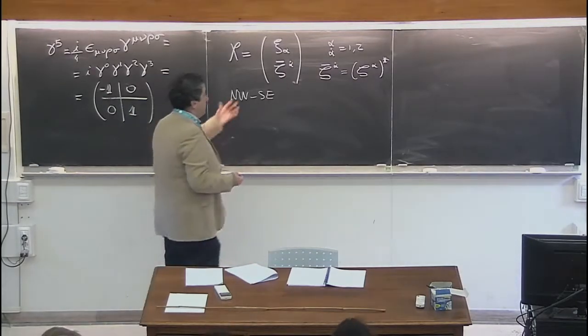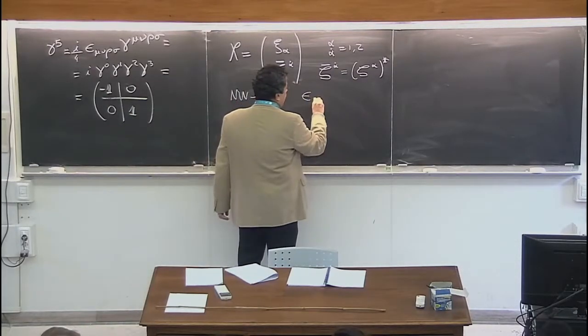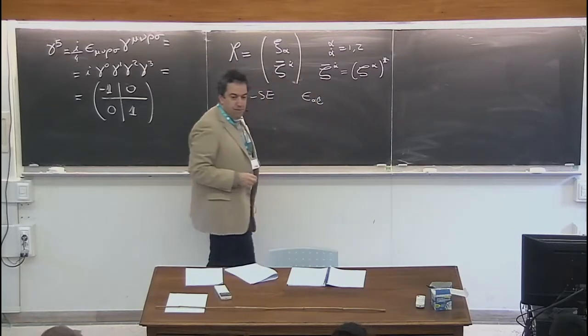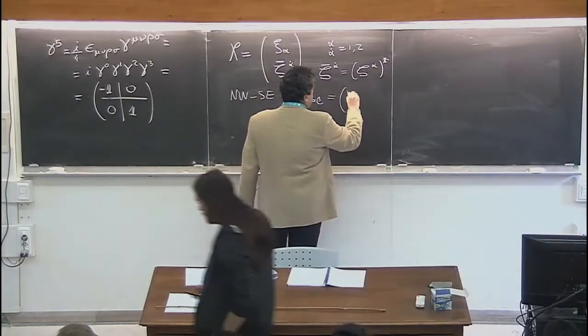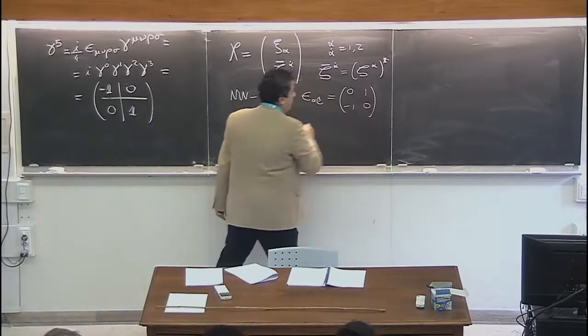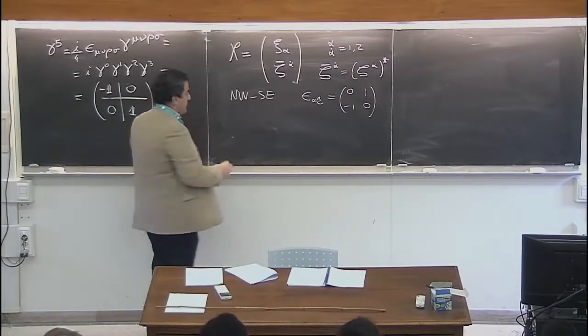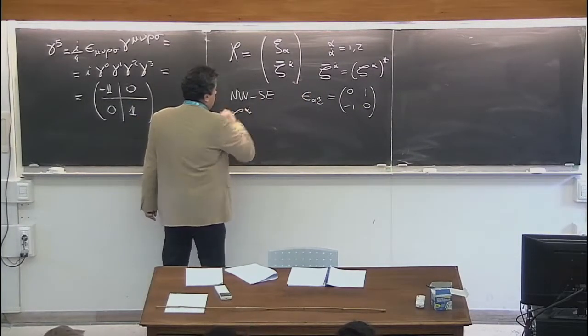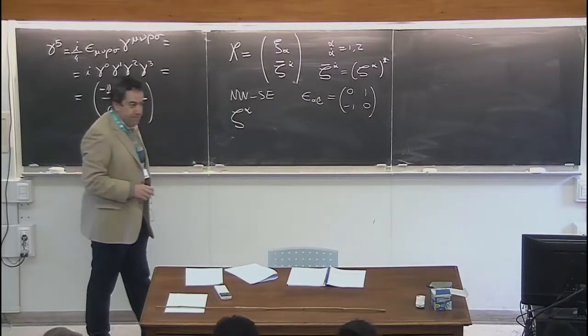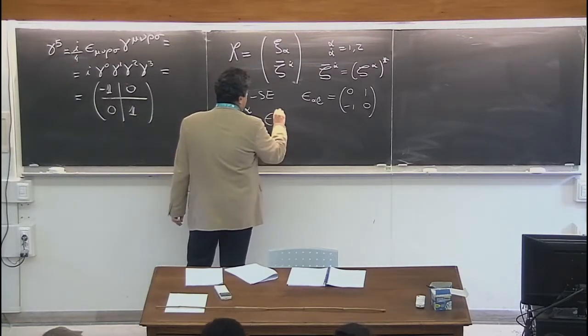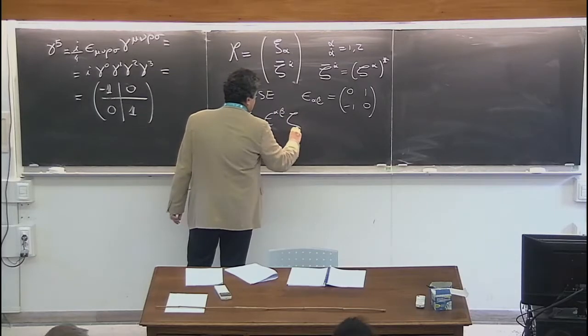The epsilon symbol is important because it's SU(2) invariant. Epsilon alpha beta is the matrix 0 1, minus 1 0. Northwest southeast means that zeta alpha is equal to epsilon alpha beta zeta beta.